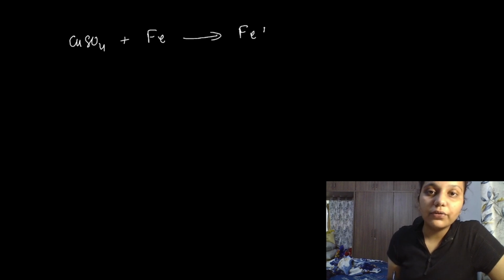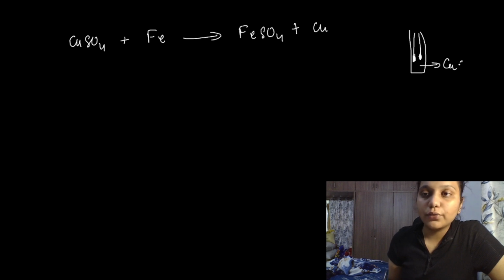So what it will do, FeSO4 plus copper, and copper will remain in the test tube only. Okay, fine. So you take one test tube and fill that test tube with CuSO4. That is the activity given in the textbook. And you place some iron nails, the nails that are made up of iron.